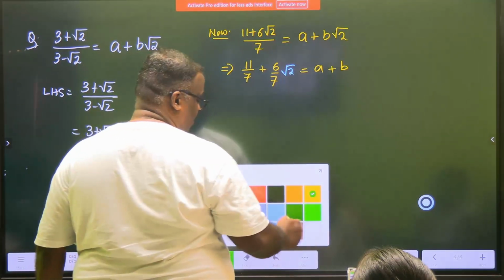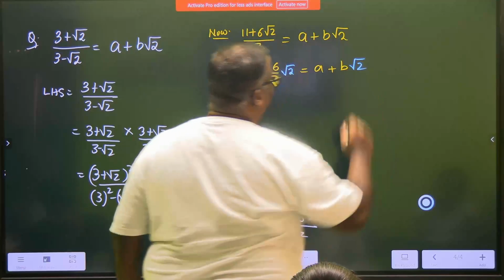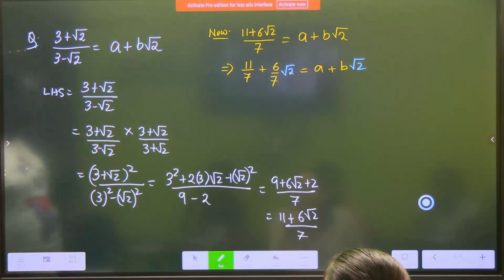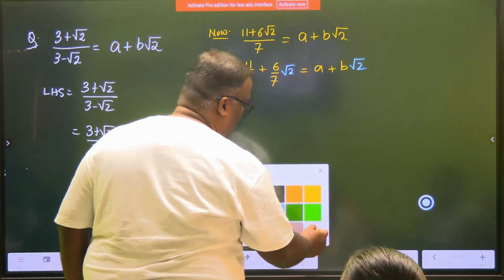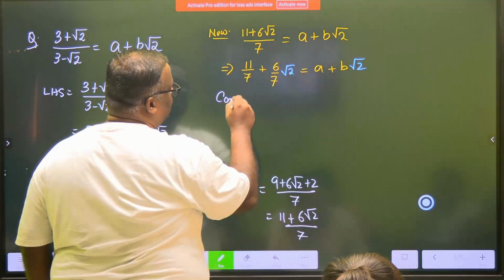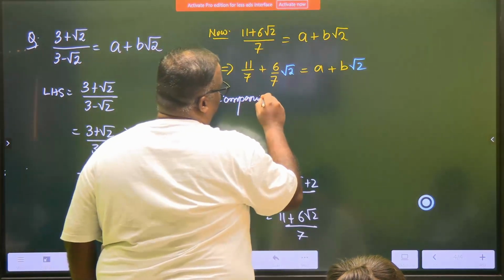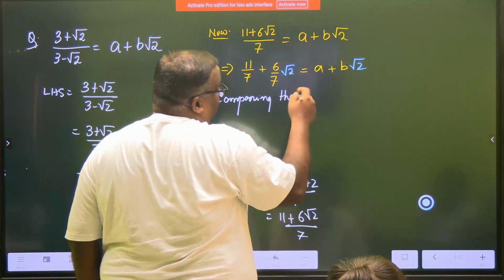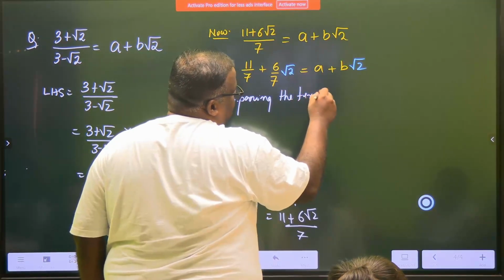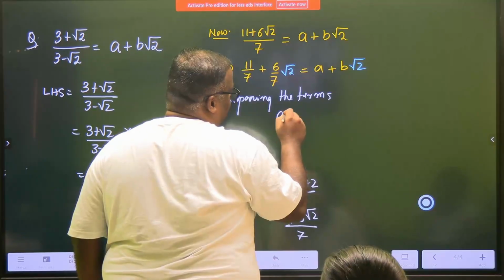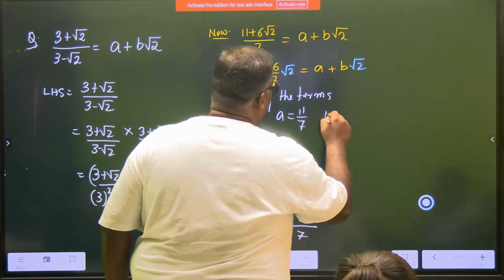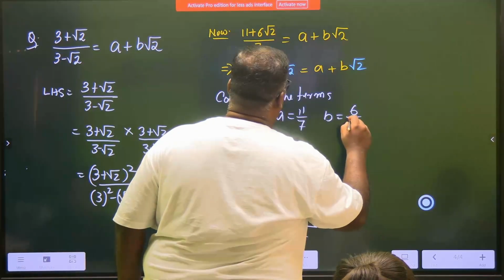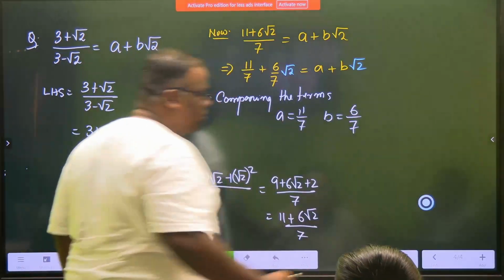You know, mind is a very dangerous thing. Has your mind lit up now? You understand. So you write in English a small sentence, comparing the terms. What do you get? A is equal to 11 upon 7 and B is equal to 6 upon 7. Problem is done.